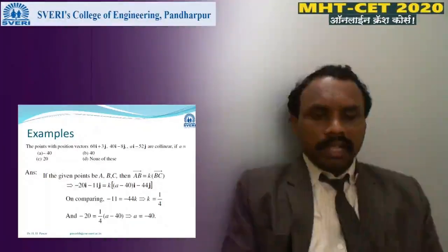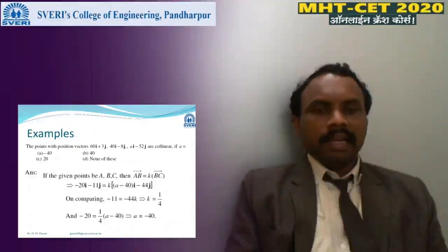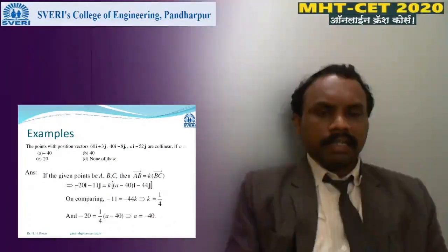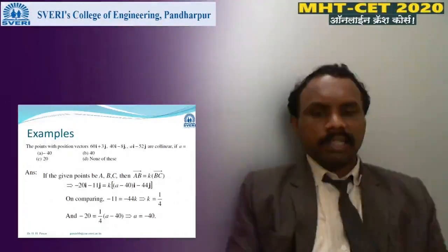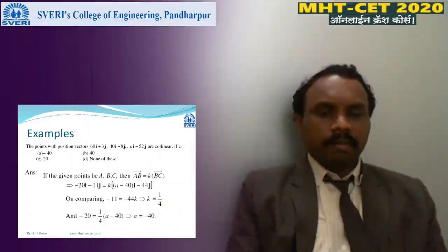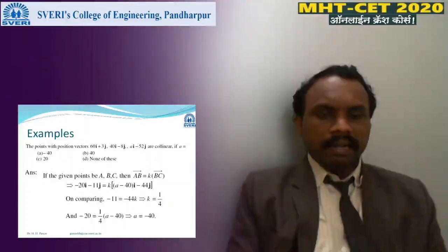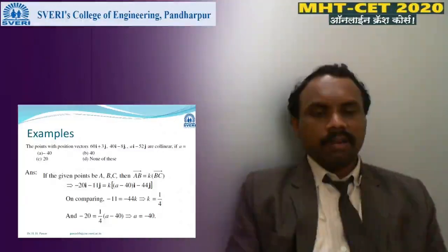As these points are collinear, AB bar is equal to k into BC bar, which gives us minus 20i minus 11j equal to k into ((a minus 40)i minus 44j). On computing, we'll get minus 11 is equal to minus 44k, which gives us k is equal to 1 by 4, and put this value in minus 20 is equal to k into (a minus 40), which gives us a is equal to minus 40.